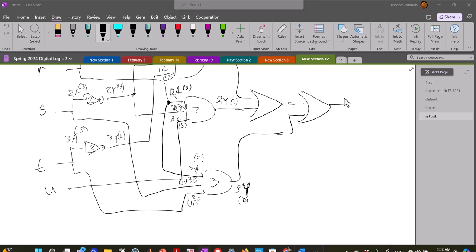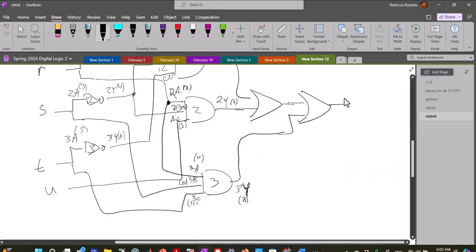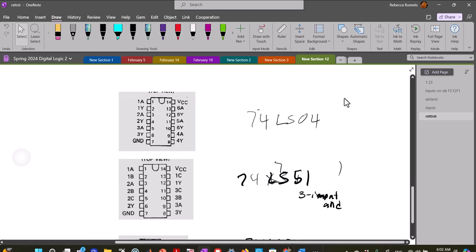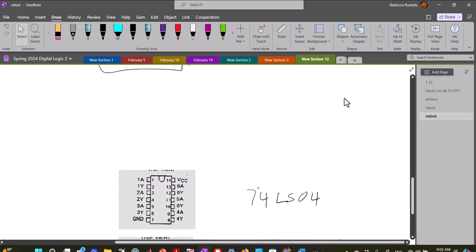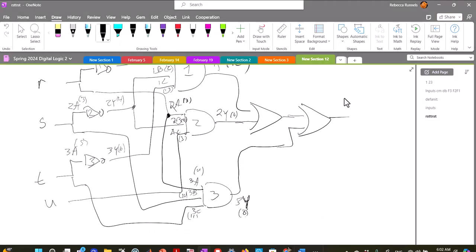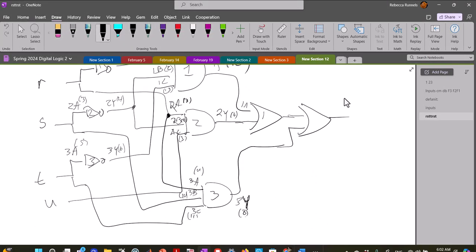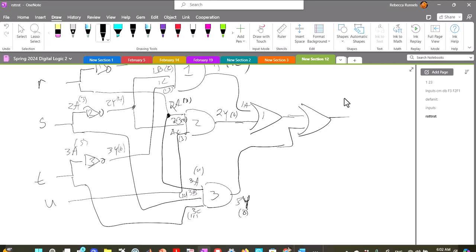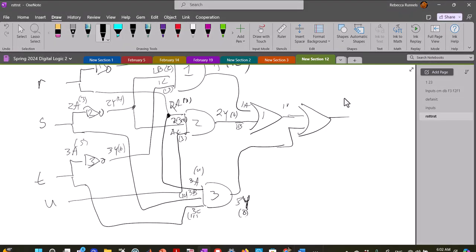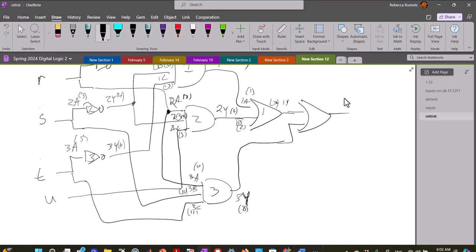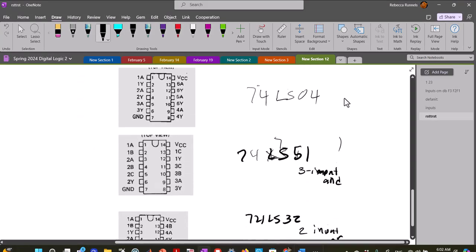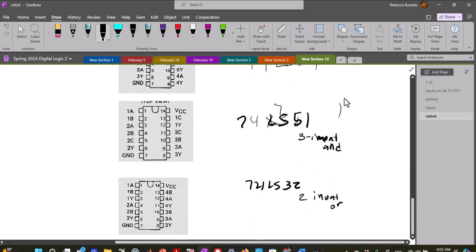And then for our OR gate, we have A, B, and Y are 1, 2, and 3. And then for 2, it's 4, 5, and 6.